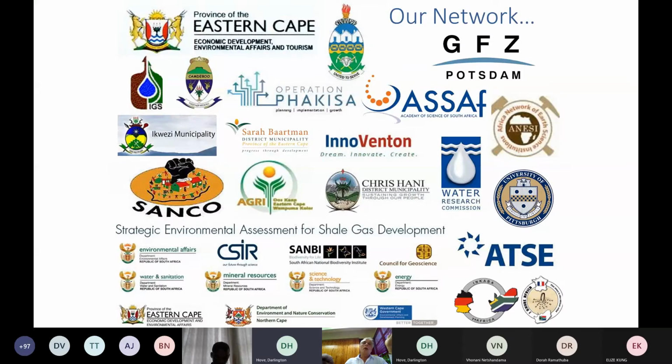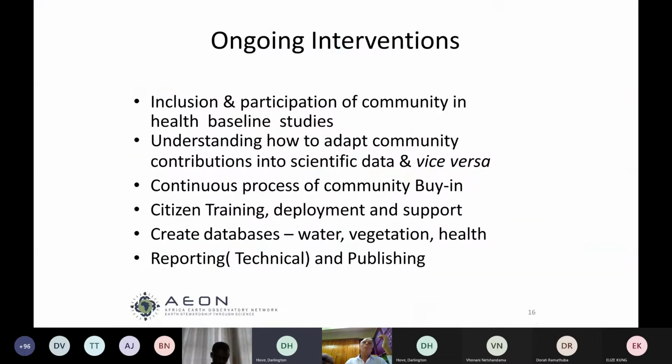These are the partners that they had to partner with to be able to do this particular project. And you'll notice there's one there called Innoventon. That's one of our institutes, very strong as far as innovation goes in the chemical field, and they were also collaborating on this particular project.